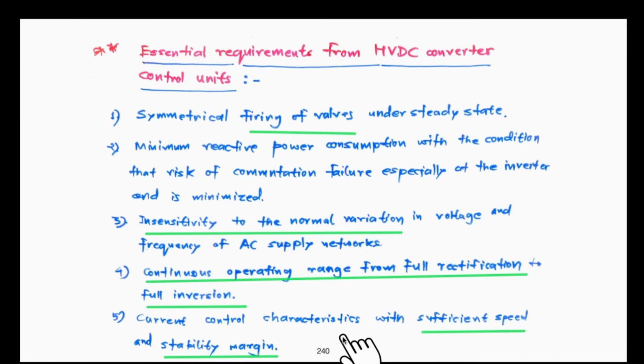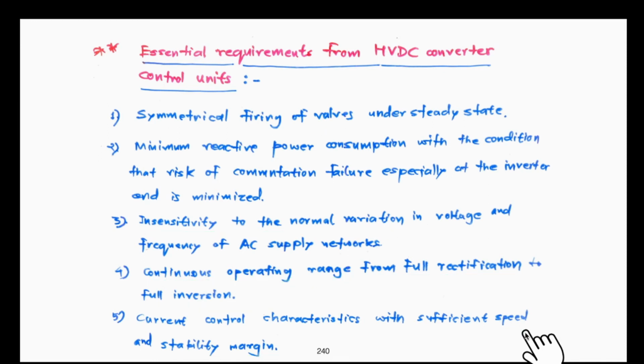There should be a stability margin, right? So these are the objectives: symmetrical firing, minimum reactive power consumption, insensitivity to normal variation, continuous operating range with full flexibility from rectification to inversion, and lastly speed and stability. These are the essential requirements of HVDC converter control units.